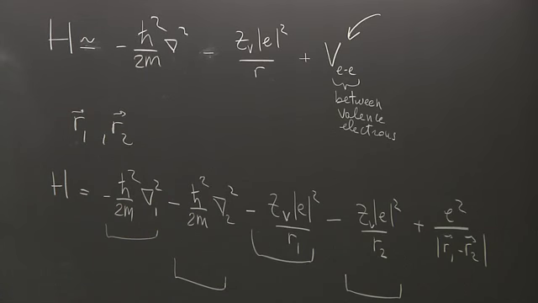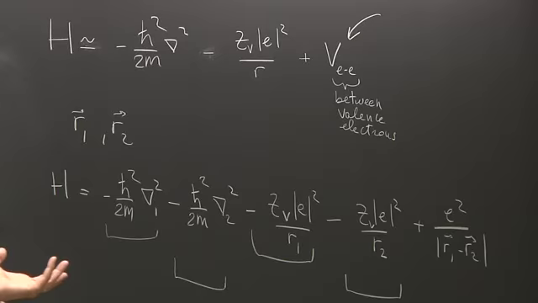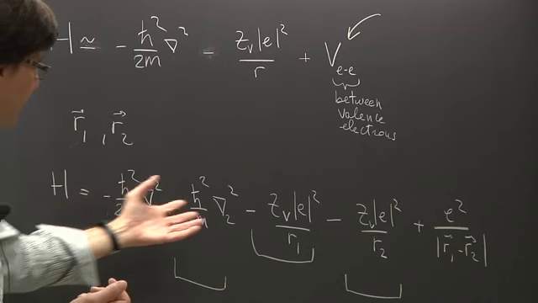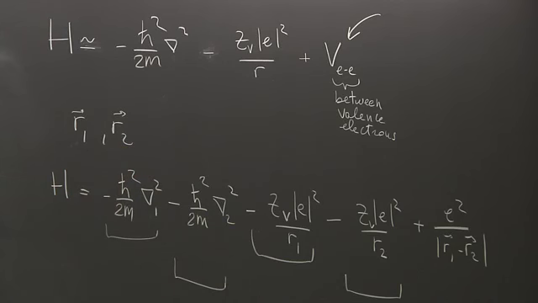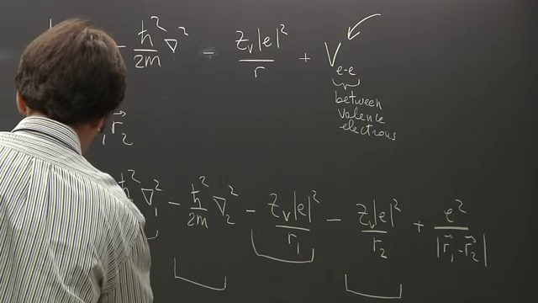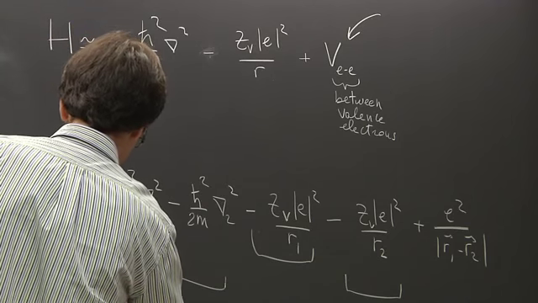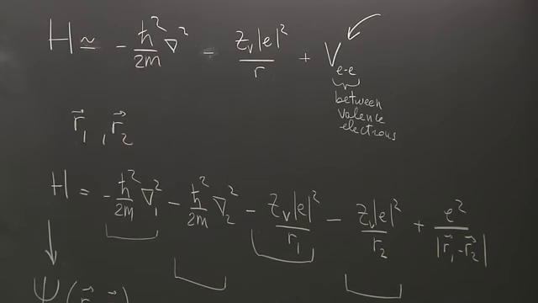And of course, if you want to solve this Hamiltonian, the wave function will be a function of 6 degrees of freedom, not 3 only. So the solution of this Hamiltonian will be a wave function of R1 and R2, right? So 3 plus 3, 6 degrees of freedom.